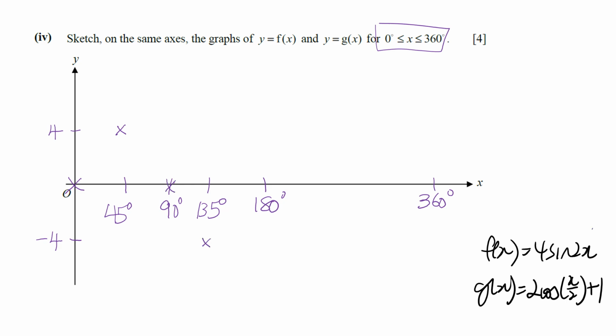When x is 135, 4 times sine 270 will be negative 4. And then back to 180, sine 360 will be 0, 0 times 4 is 0. So this is your sine curve.